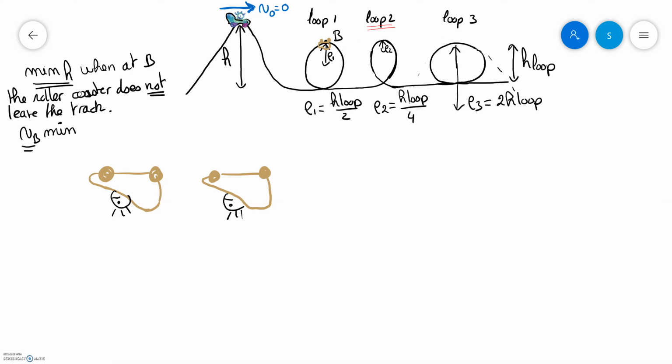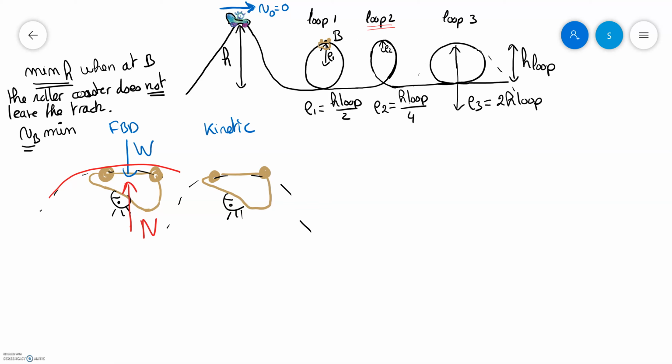Okay, so we are on the top of the loop here. Which forces do we have? That's the free body diagram, and that's the kinetic diagram. We have the weight, and we have a normal force, because there's some contact with the track there.